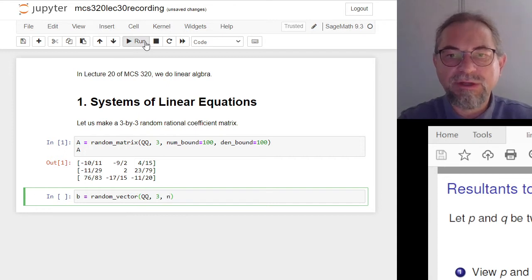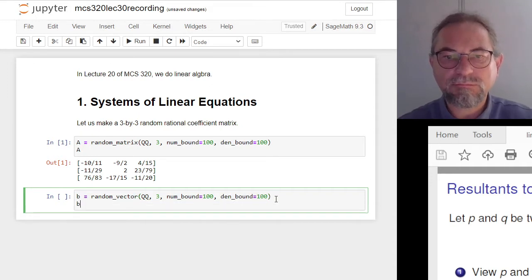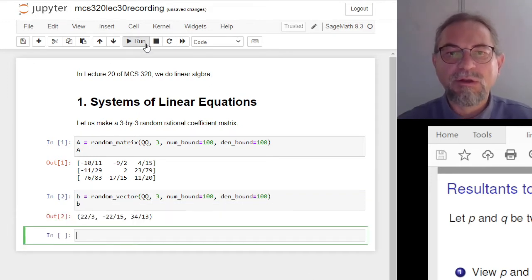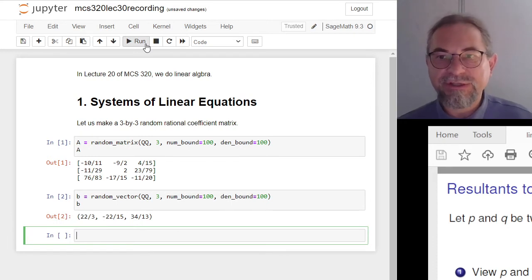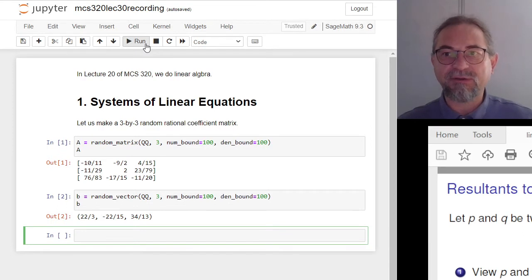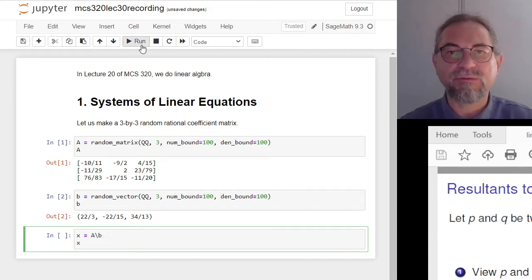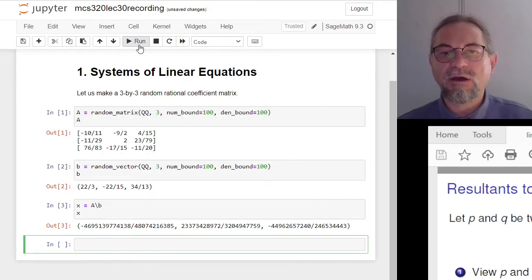Also here the bound on the denominator and the numerator should not exceed 100. So this defines a linear system. If you ever have to solve a linear system, here is the backslash operator. Extremely useful to compute solutions.